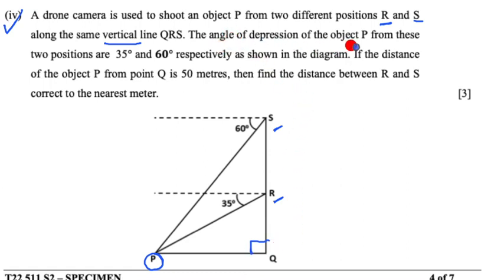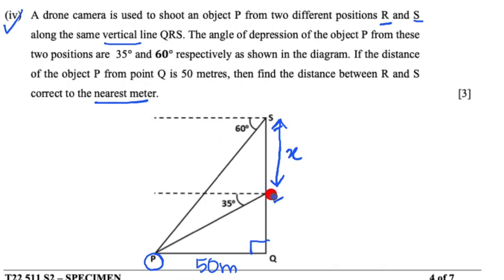The angles of depression of P from these positions are 35 degrees and 60 degrees, as shown in the diagram. If the distance of the object P from Q, PQ, is 50 meters, then find the distance between RS. So we have to find RS, and this is our question. Correct to the nearest meter.